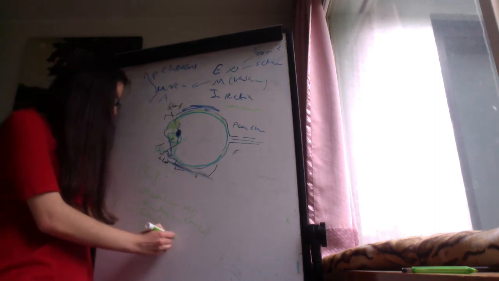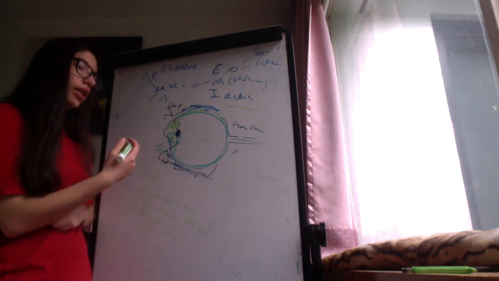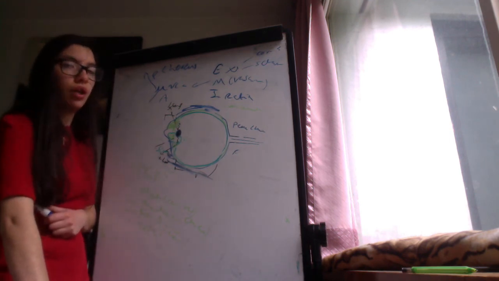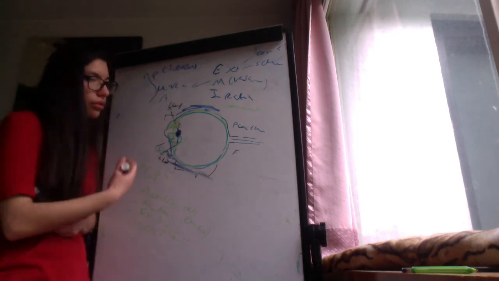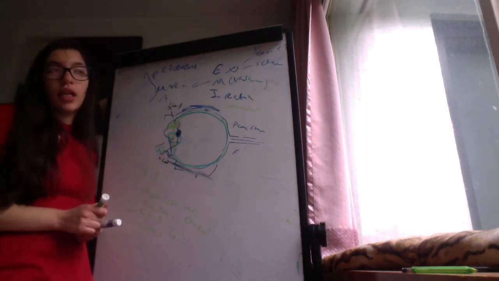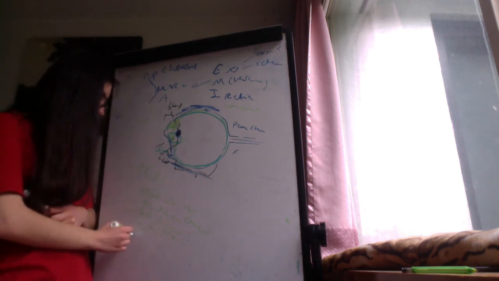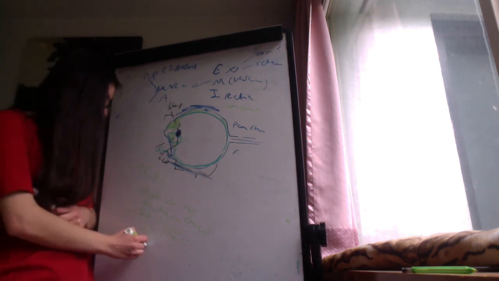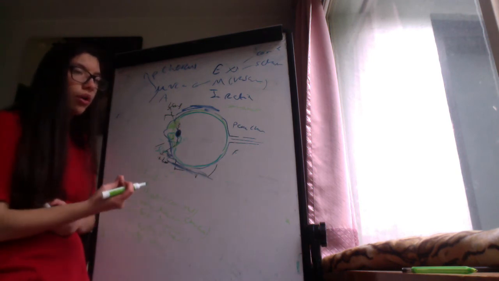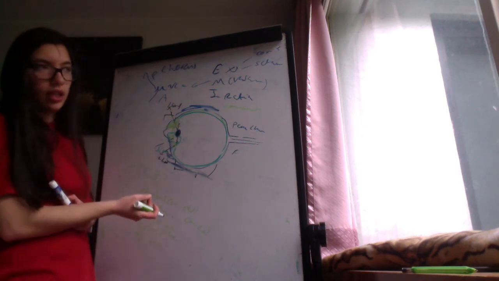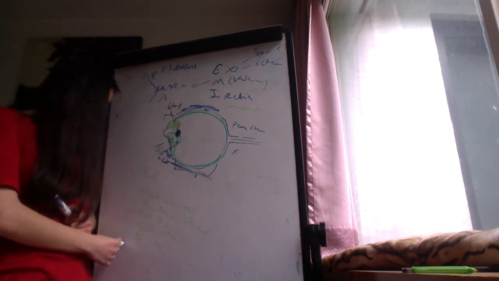external plexiform, that is where the interaction or the synapses between the photoreceptors and the bipolar cells occur, and also some interaction between other cells like amacrine cells, horizontal cells, etc. And then again we have now an internal nuclear, that is where the bodies of the bipolar cells, amacrine cells, horizontal cells, etc. are.